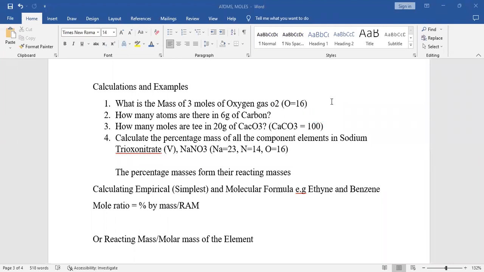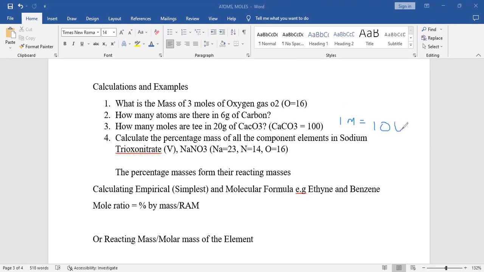The next question is, how many moles are there in 20 grams of calcium carbonate? We already calculated the relative molecular mass to be 100 grams. So this is another mathematical question. 1 mole is equal to 100 grams, right?